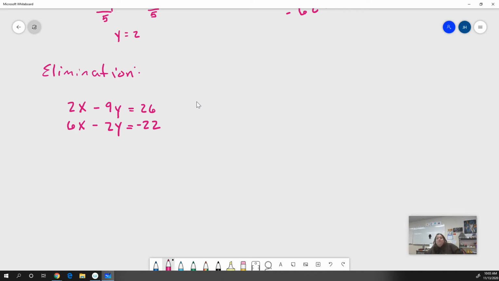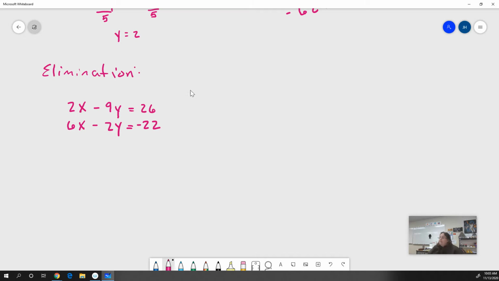So I have this crazy problem right here, right? The idea is that I want to try and add these two equations together and get rid of one of the variables. So I have to create an opposite in one of the equations so that when I add the equations together, whether it be the x values or the y values, one of the variables will drop out.